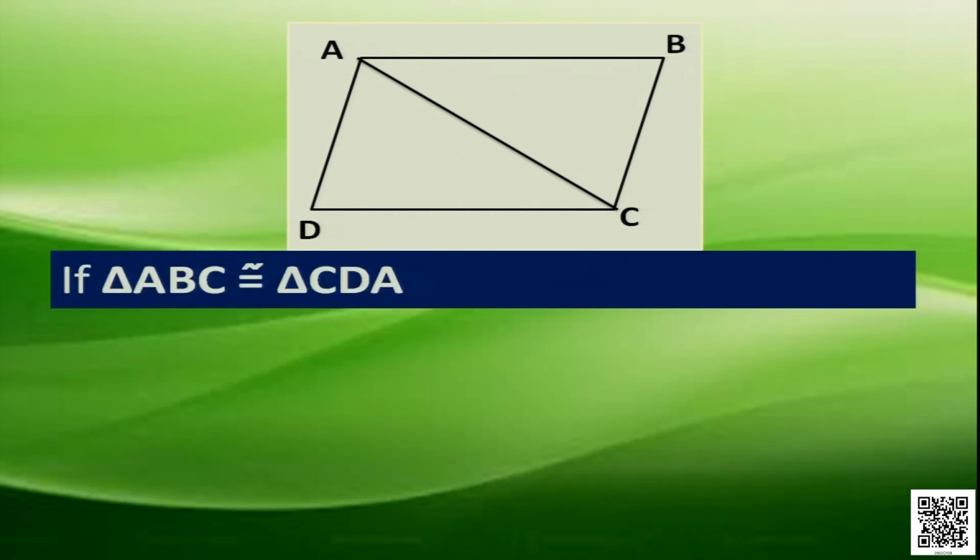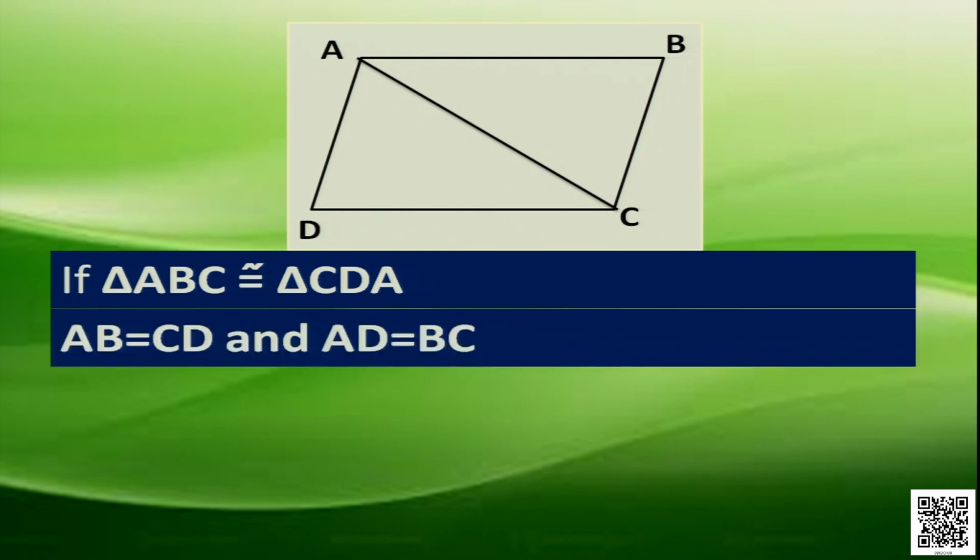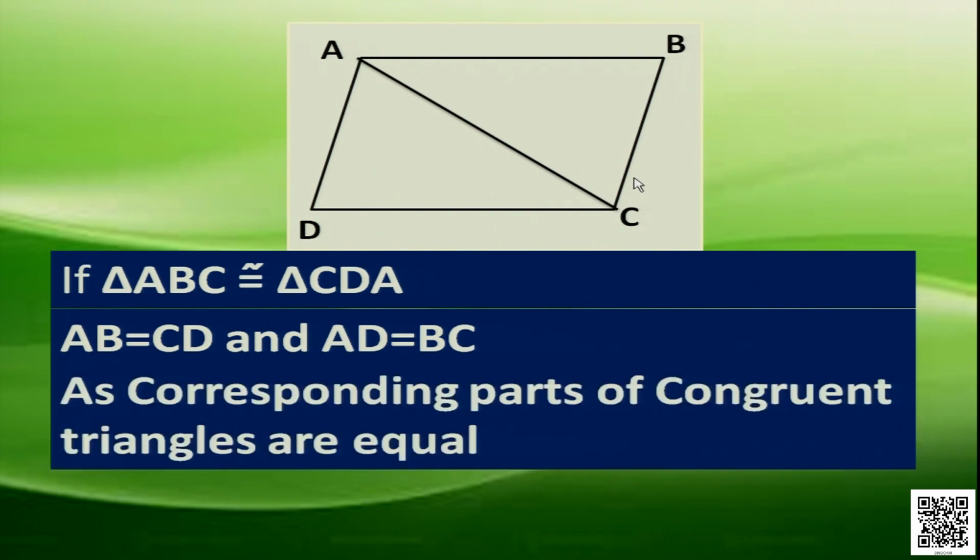In triangle ABC and triangle CDA, as they are congruent, we have side AB and side CD equal, and side AD is equal to side BC. So, these are the corresponding parts of congruent triangles, so they are equal. Now, from this statement, we conclude something. What do we conclude?